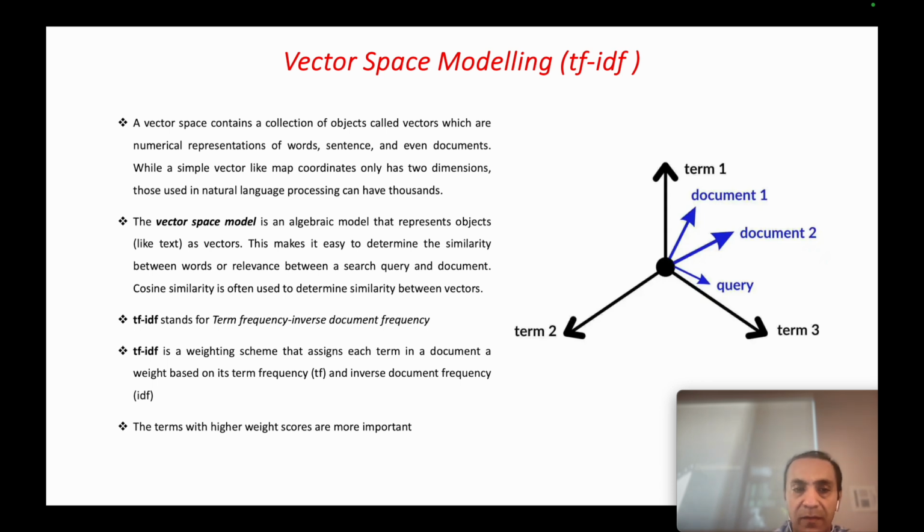And the inverse document frequency, IDF, is basically a way that we minimize the occurrence of one item multiple times, like I showed you in the last slide, where we use numerosity reduction to remove consecutive occurrences of sequences of words, so that they do not overpopulate in the data. So the terms with higher weight scores are more important.